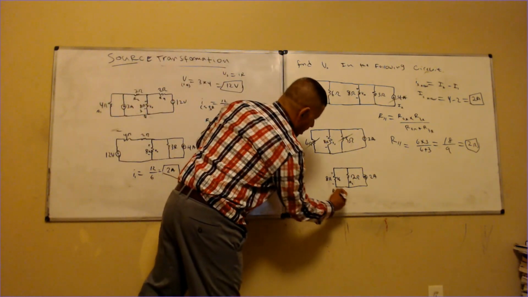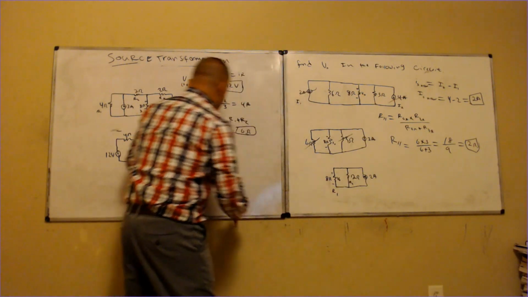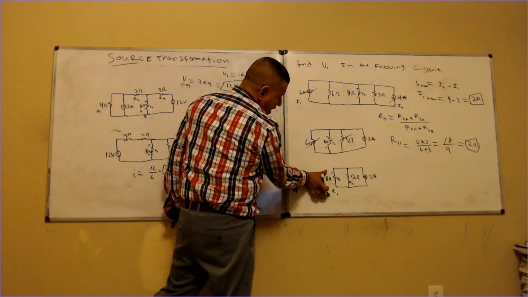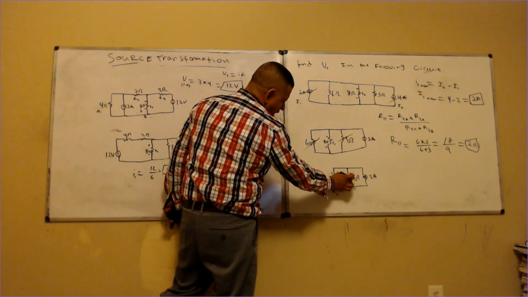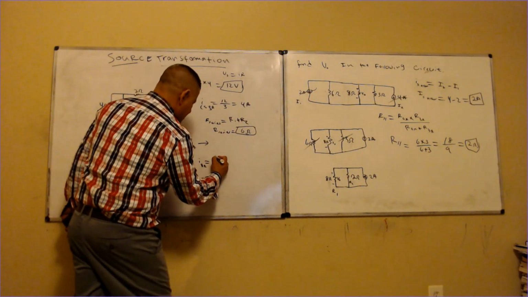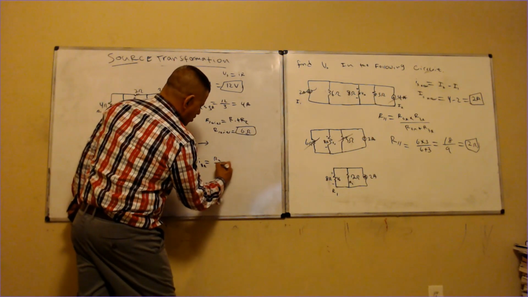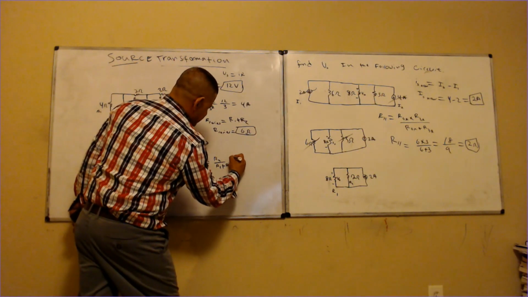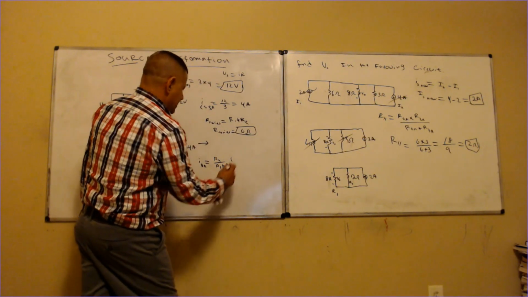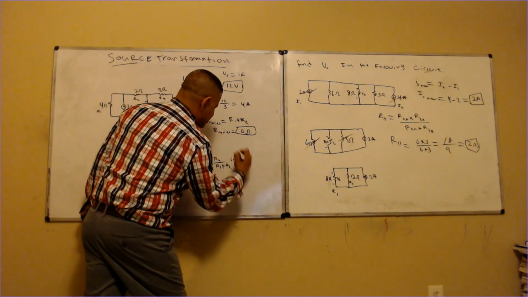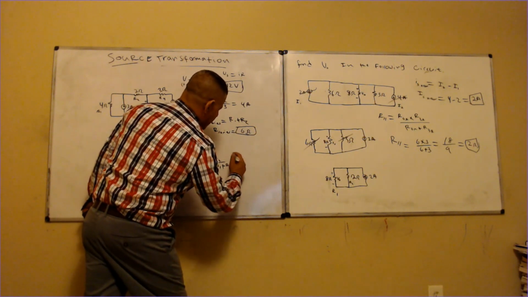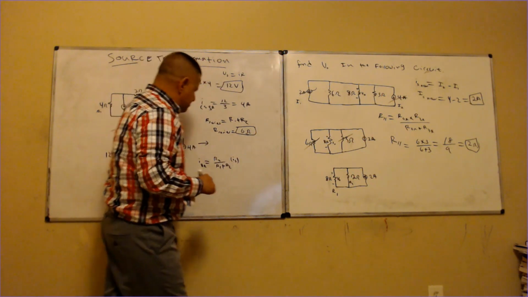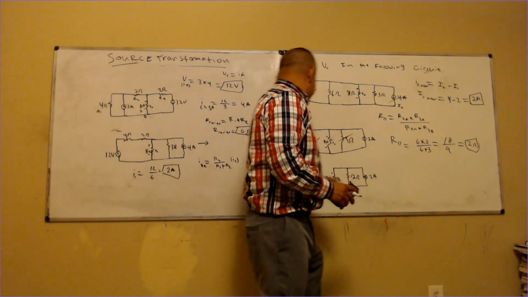Wherever I'm trying to find, the opposite is going to be on the top. So it's going to be R2 over R1 plus R2, times I source. And what is I source this time? It is 2 amps.